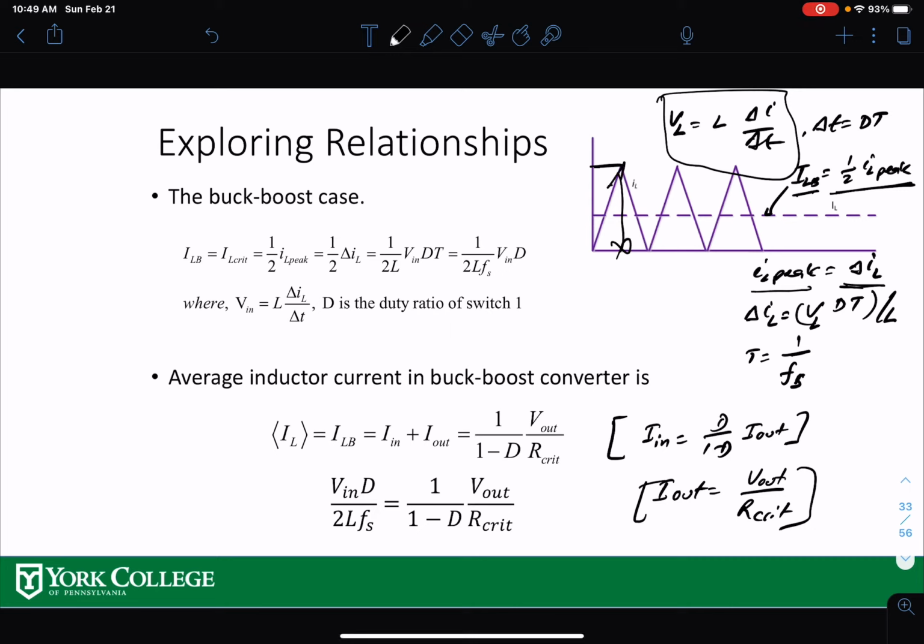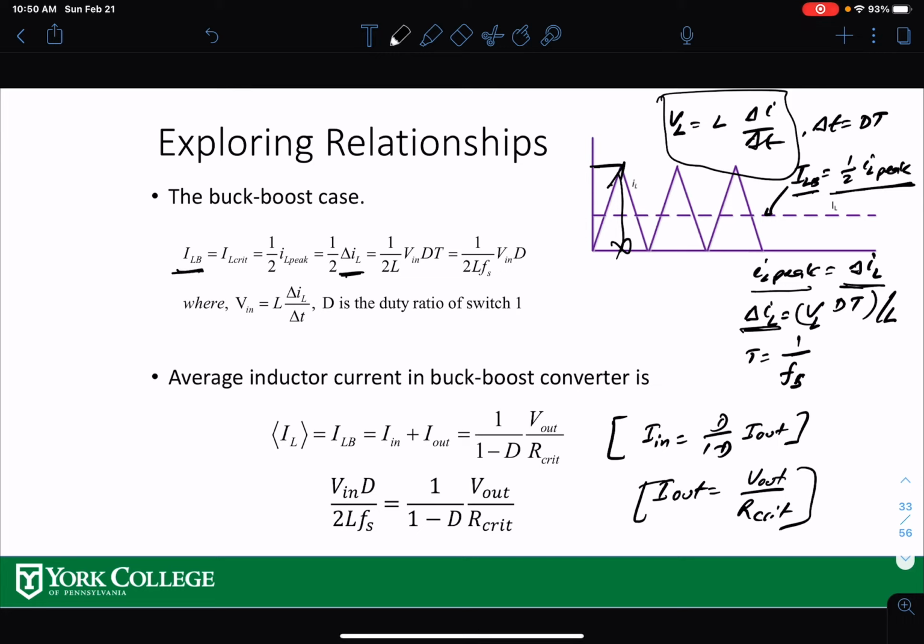So delta IL is VL dt by L, and T is 1 by Fs, right? Now if I put this back into this equation, your boundary or critical value of the average inductor current is half of the peak. Then the peak value is delta IL right here.